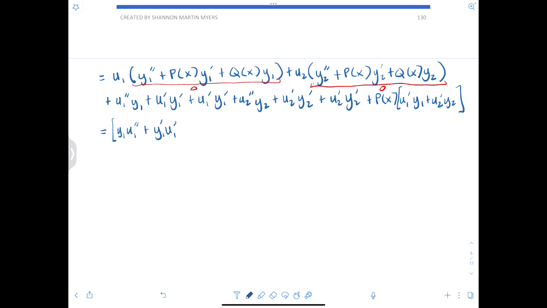What I'm doing is I'm grouping these. You're going to see that these are derivatives. So we'll condense them.